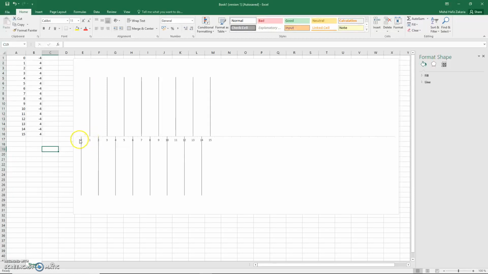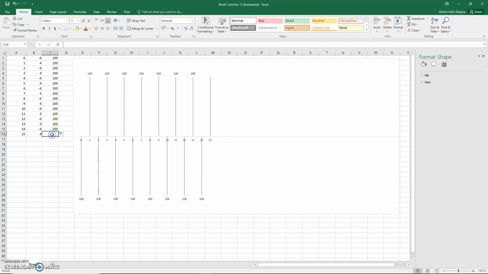But for the case of annuity due, the payment will be at 0, and it will proceed until the end of the period.